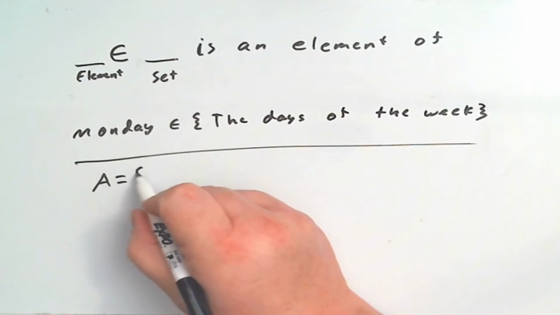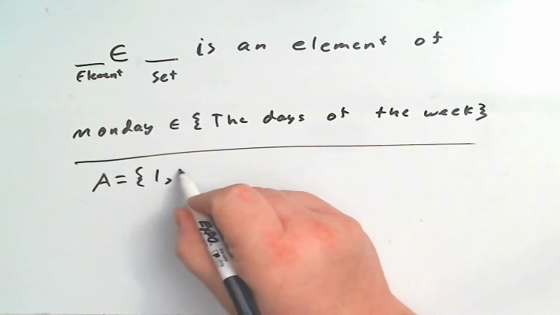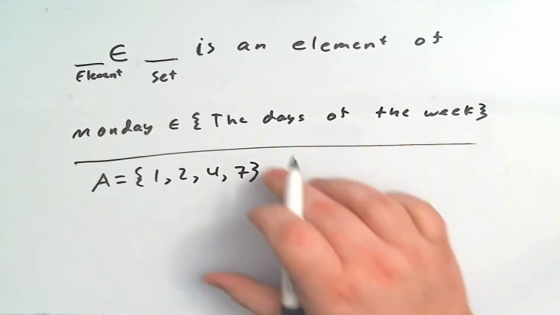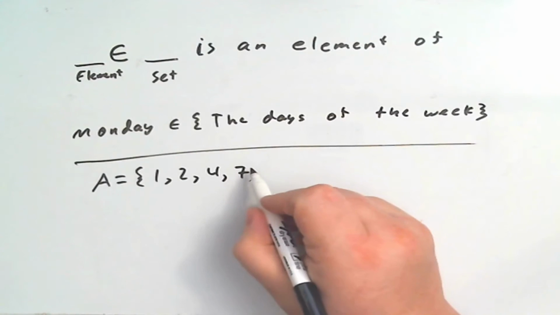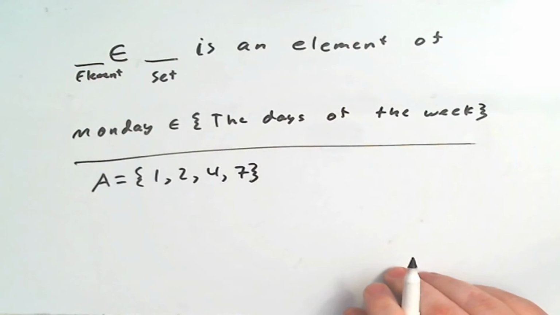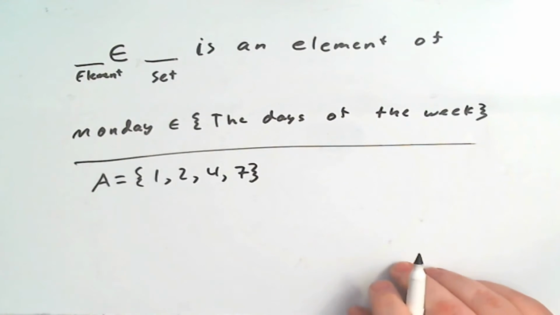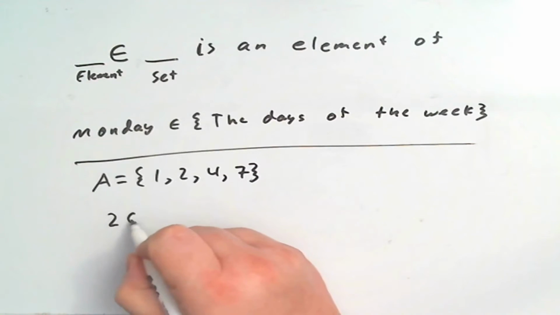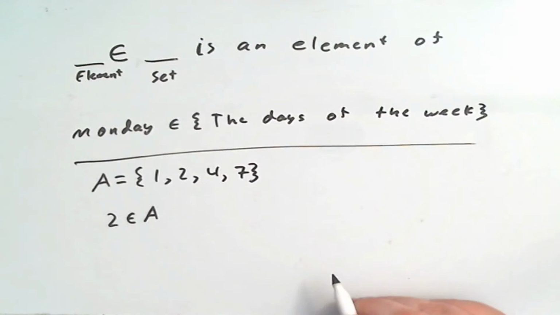So suppose I define a set A as being the elements 1, 2, 4, and 7. These curly braces take a little bit of practice to write. Okay, so A is this set, so we've defined it again in roster form. Then 2 is in fact an element of A. That's a true statement. 2 is in this set.